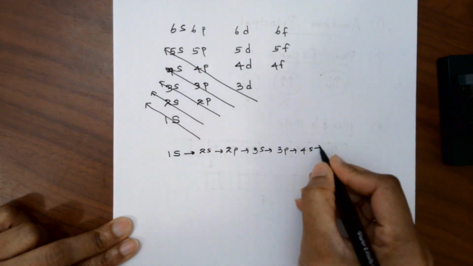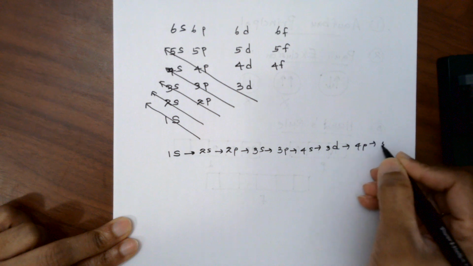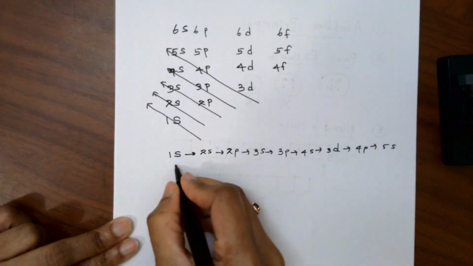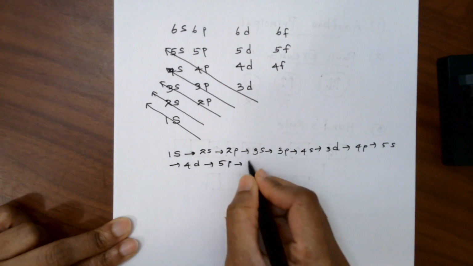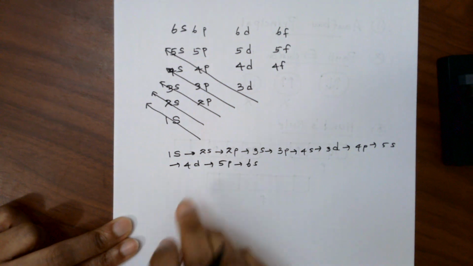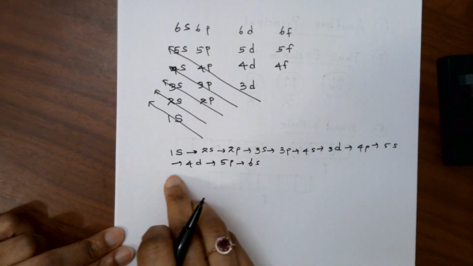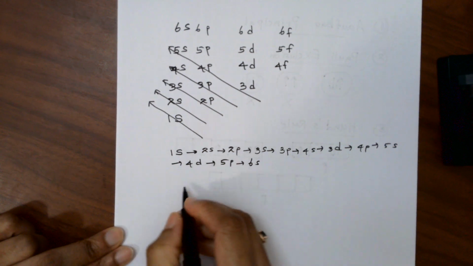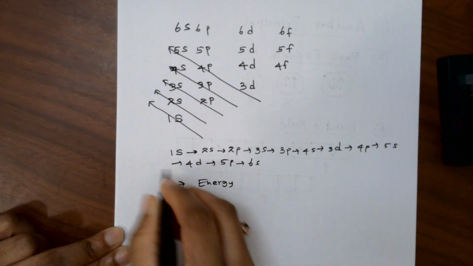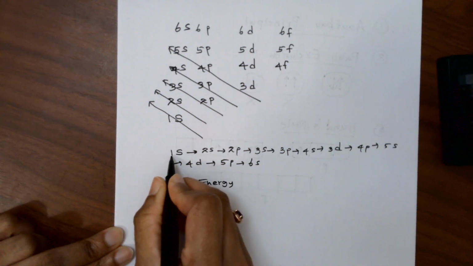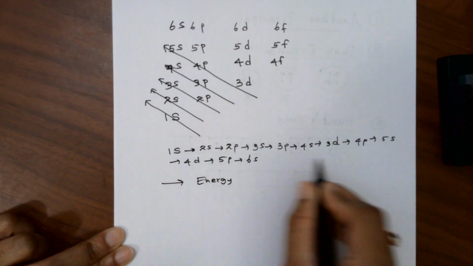It is 3d, 4p, 5s, and then 4d, 5p, 6s, and so on. So this is how you can identify the electron filling pattern. This is according to the energy. The lowest energy is 1s and then 2s, 2p, 3s, 3p, 4s, and so on.